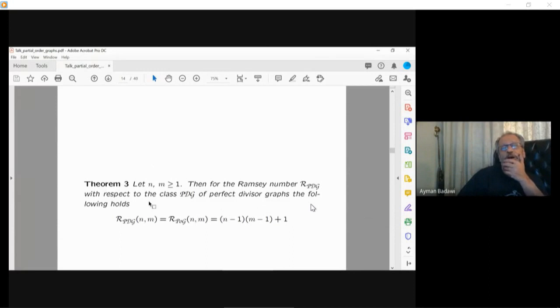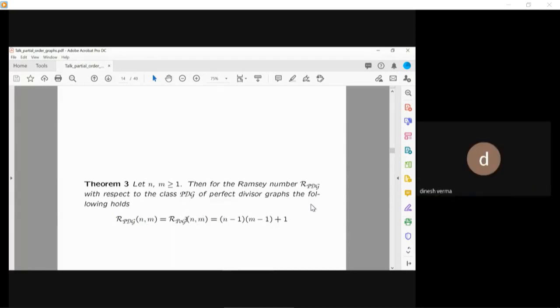But it turns out the Ramsey number for the perfect divisor graph is still the same formula, equal to the formula for the Ramsey number for any partial order graph. It is not less, so it is exactly equal to that. Again, you might say you've seen that before.